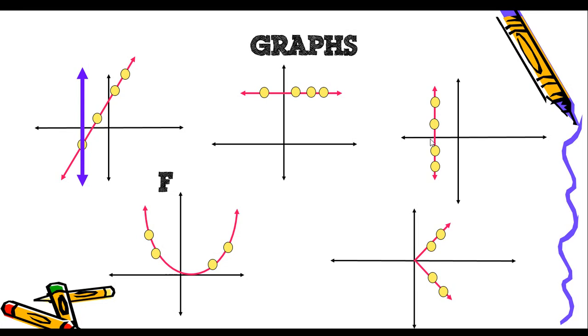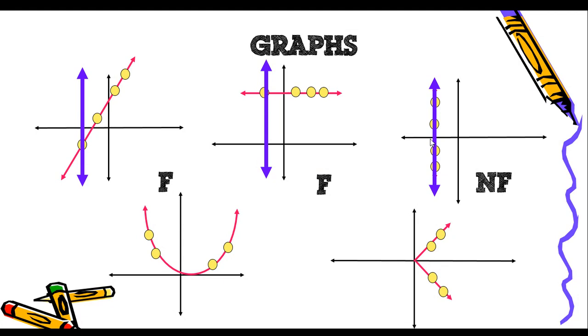What about the second graph? Also touches one point. Therefore, this is a function. The third graph, let's use a vertical line. So, in this given, it touches four or more points. Therefore, this is not a function.